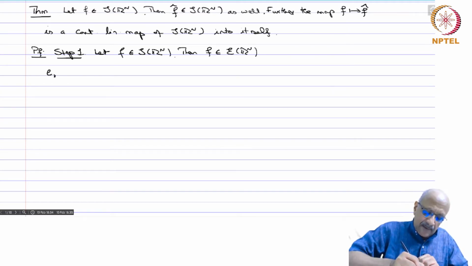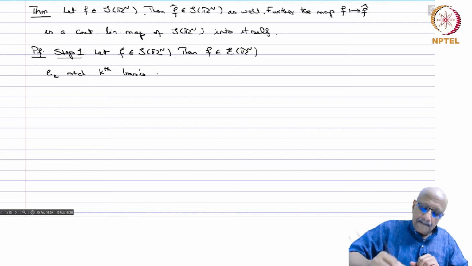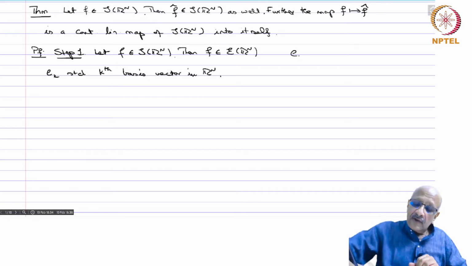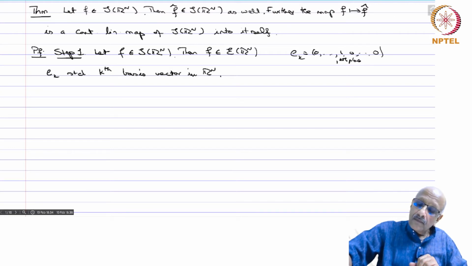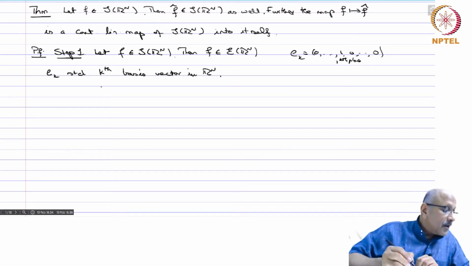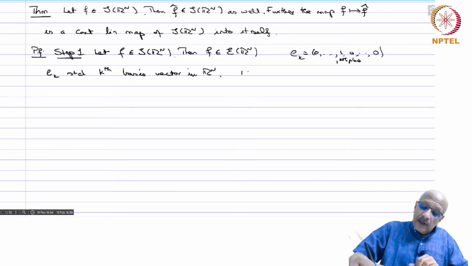Ek is the standard kth basis vector in Rn. So what is Ek? Ek is 0, etc., 1 in the kth place and 0 elsewhere, for 1 less than or equal to k less than or equal to n.